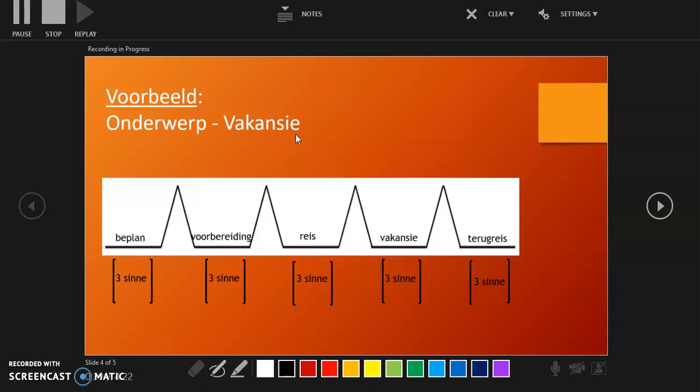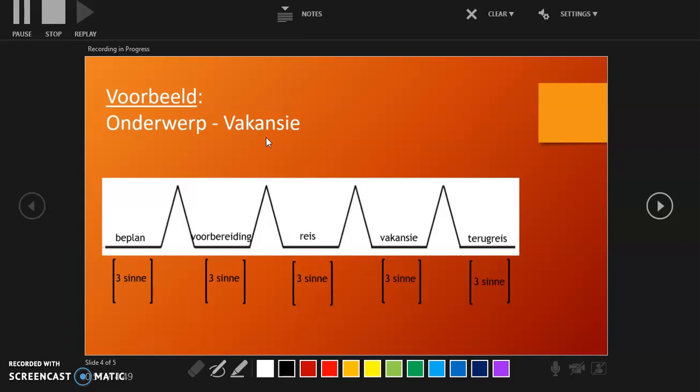So now grade 4s and 5s, what is important now? Now you have to think about this topic, vakansie, holiday. Right, so when you think about this topic, what can you think about? Right, so start at the very beginning, alright, and then you go through until the end. So if you think about holiday, as jy aan vakansie dink, waaraan dink jy alles?